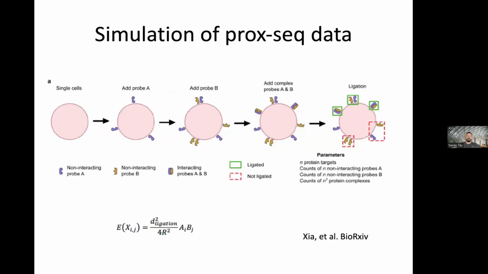We also develop physical models of this, because there are non-trivial interactions between proteins on the cell surface. You can have a protein complex that is a stable complex, but also two proteins can come together transiently, and that can also lead to a signal. So we developed models and published them recently that simulate this physical scenario and estimate the backgrounds that we would get from this random ligation event.